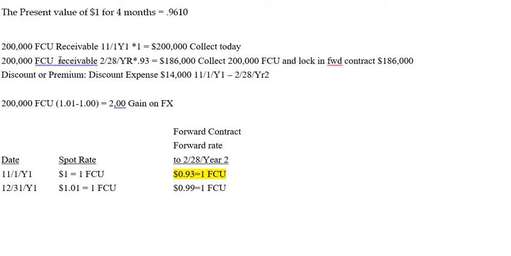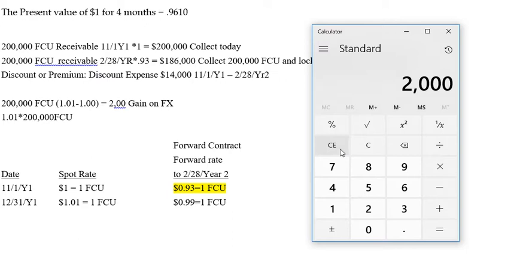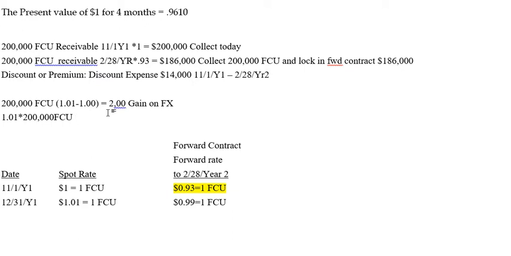And if you wanted to double check, first it was 200,000. If I were to collect it and left it unhedged, 1.01 times 200,000 FCU went to 202,000. That's what my accounts receivable balance is.